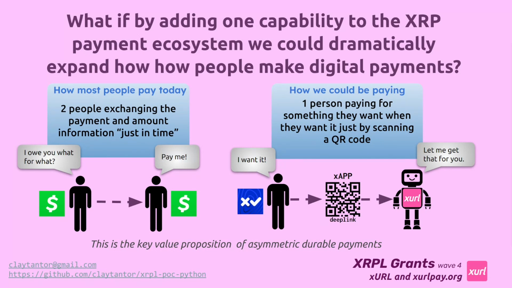But what if we flipped the script on that and we said, okay, what if it was an on-demand process and the payee had all of their information ready and used automation to create a payment instruction at the time of request? That is the fundamental idea and key value proposition of asymmetric durable payments.